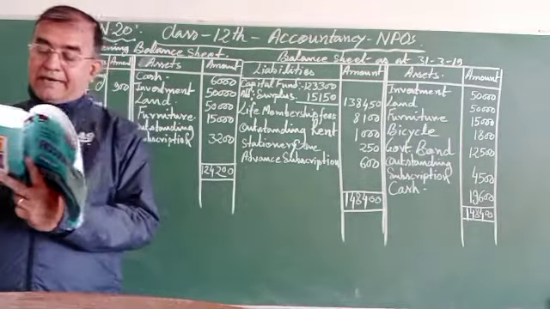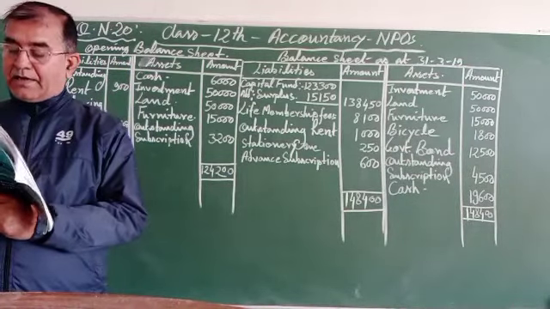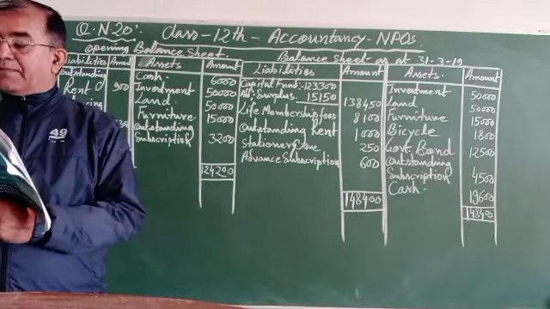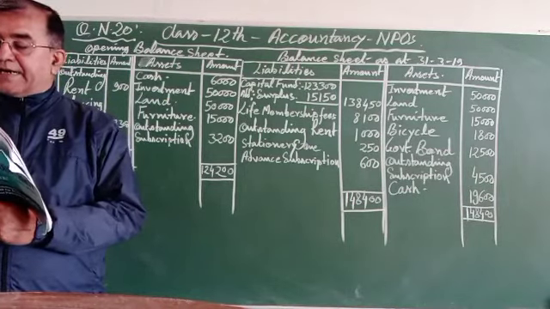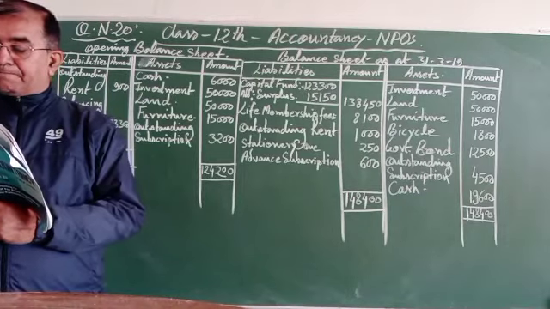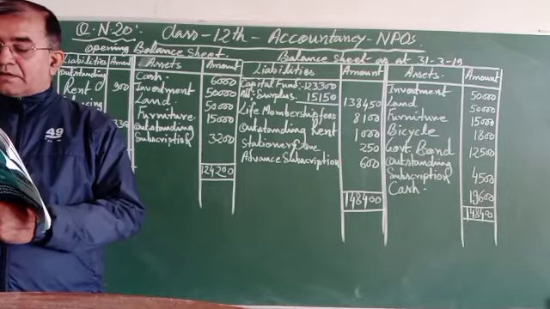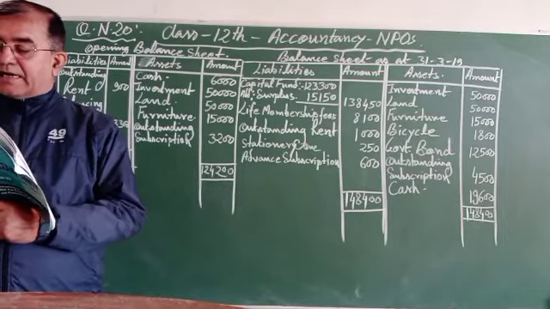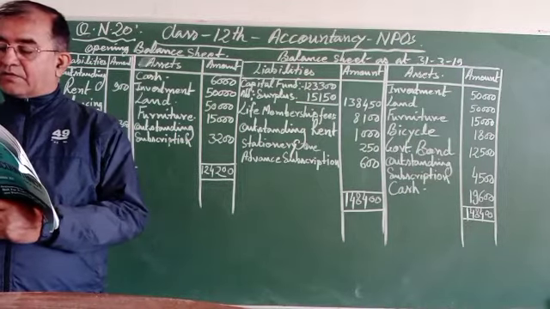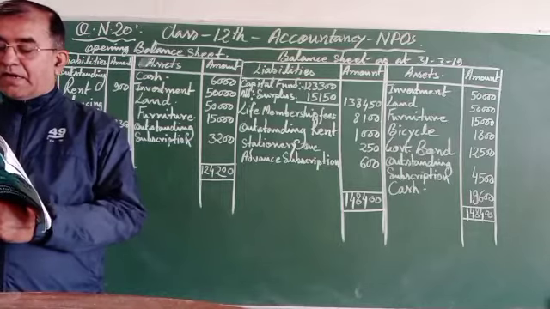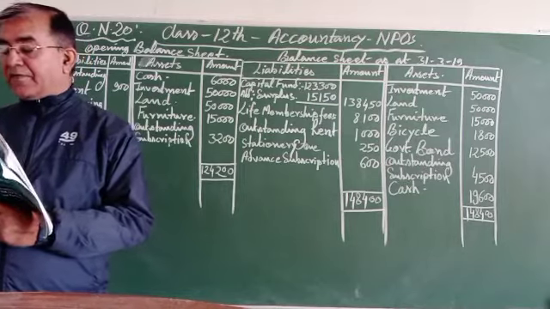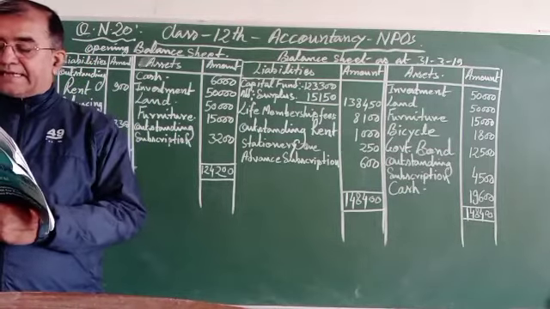Then outstanding subscription and cash available 19,600. Then, subscription includes the last year, rent includes 900, subscription outstanding of the current year 4,500, rent outstanding for the month of March 1,000 in the liability column, and the payment for stationery 250, that is given.